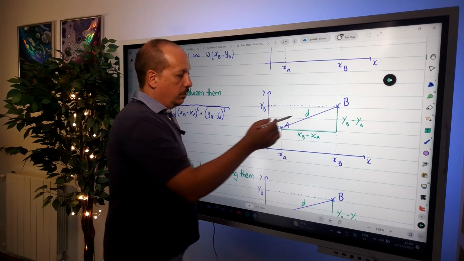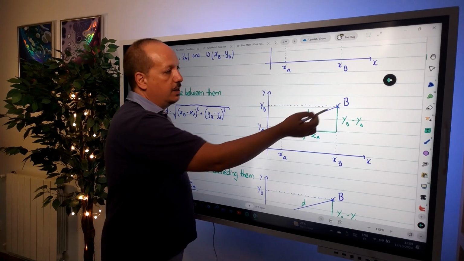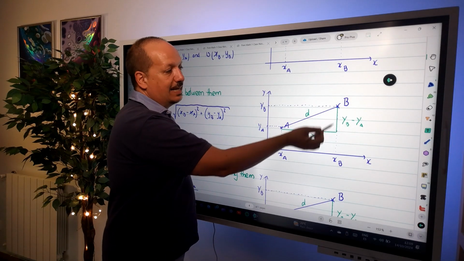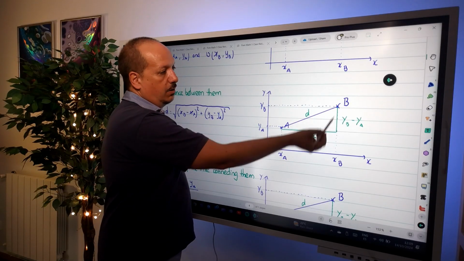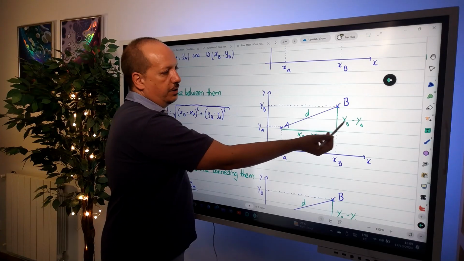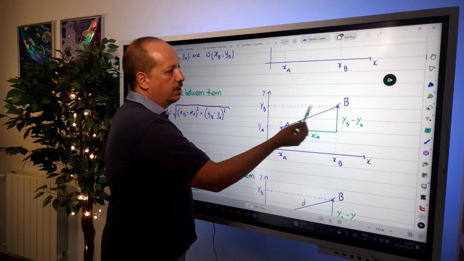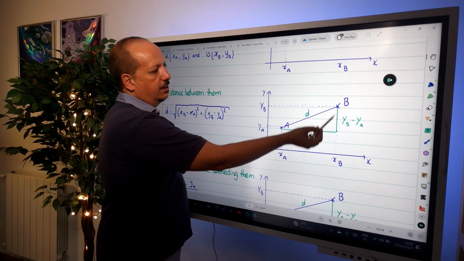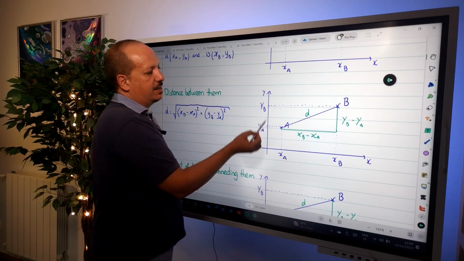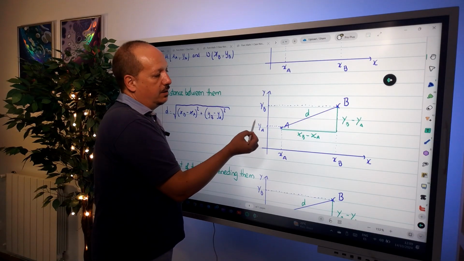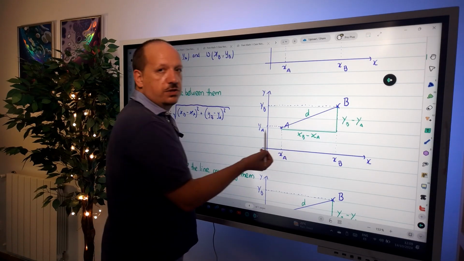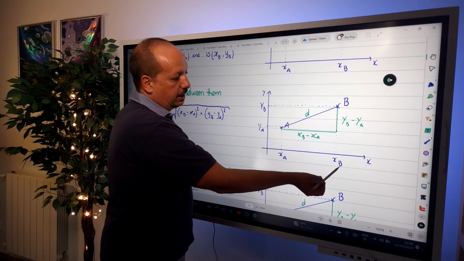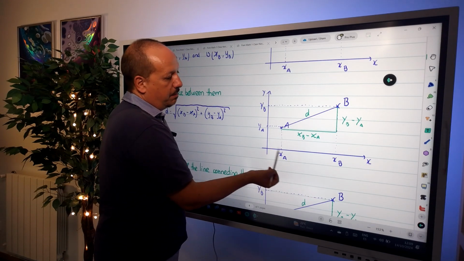And you do know, if you know the coordinates of these 2 points, you can get the sizes of these 2 sides. What is going to be this side over here? It is going to be the change in the y coordinates of the 2 points, right? This is yb minus ya. Same thing goes for this horizontal distance over here. This is xb minus xa.